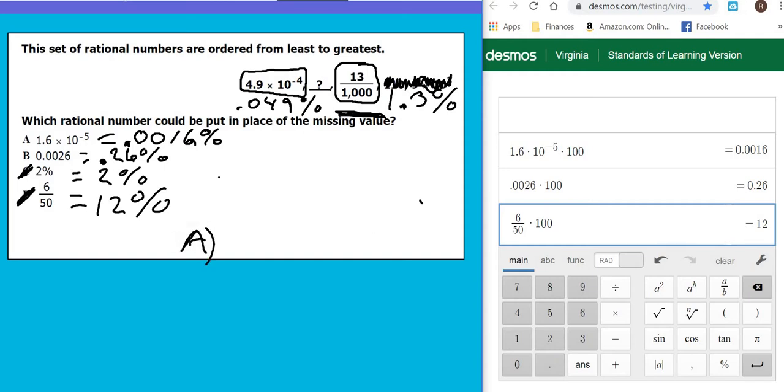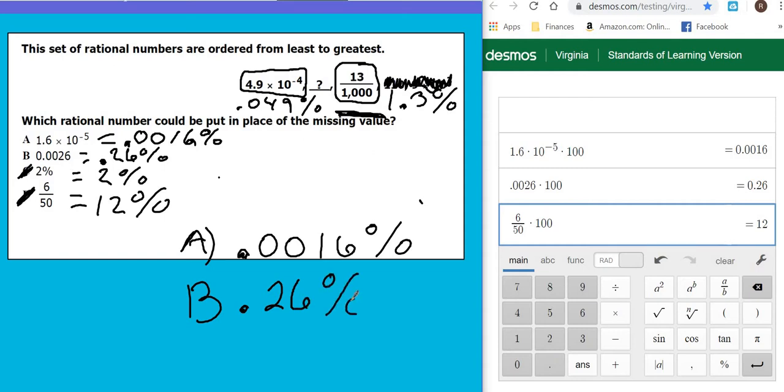A is 0.0016%, and choice B is 0.26%. So you have to look at those numbers carefully and think which one of those numbers fits between 0.049 and 1.3. Okay, so you have to decide which one fits in between there.